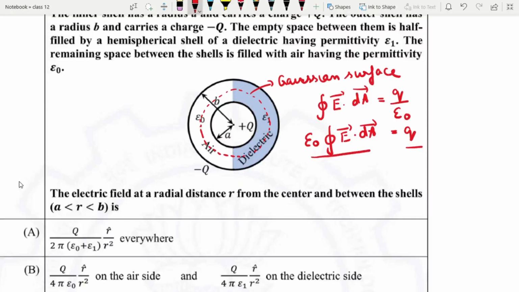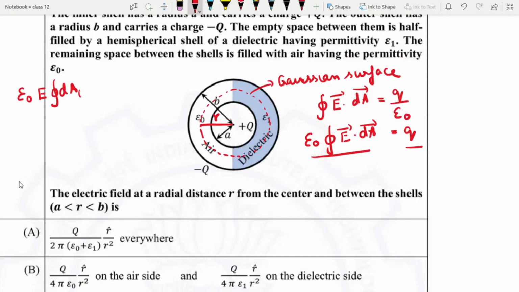Okay, for the left hand side, the first half is filled with air, whose permittivity is epsilon naught. E is a constant in this region because at the same distance, taking this distance as r from the center, the electric field is also constant. So simply you will be getting the closed integral of area that corresponds to the left side half, that is the air filled region.